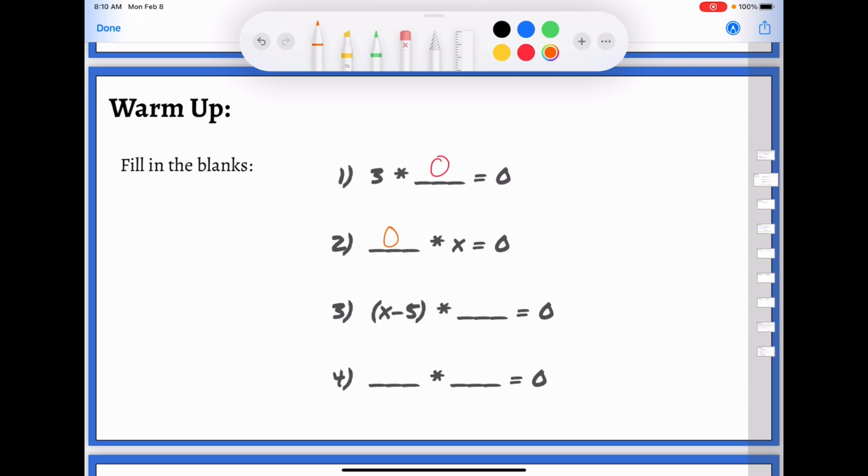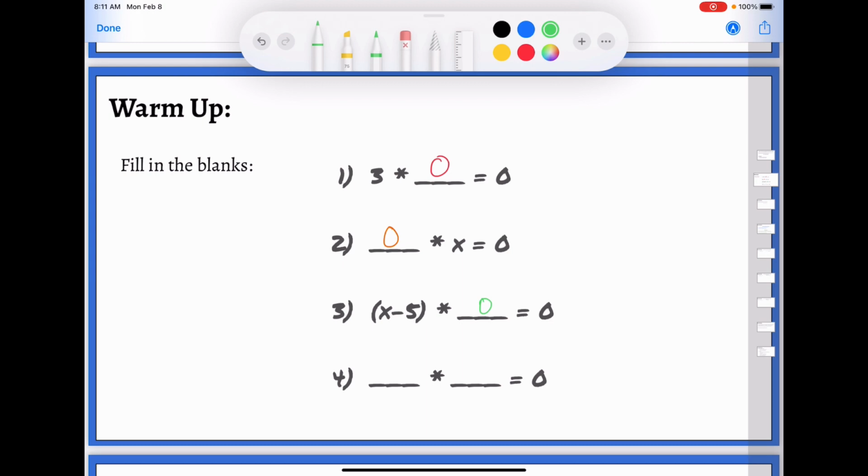The second one, 0 times x equals 0. If 0 is the first factor, then the whole thing equals 0, right? So if 0 is a factor here, when we're multiplying together, then the whole answer equals 0. So in number 3, even if I'm multiplying this whole parentheses, x minus 5, times 0, the whole thing will equal 0, right? So if I take 0 and multiply it by anything, the whole thing will equal 0.